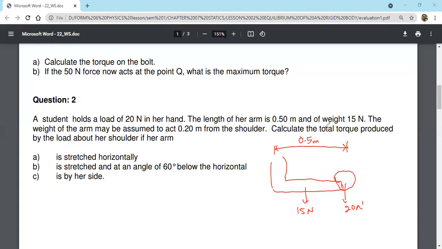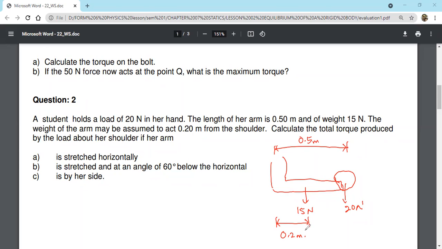They said the weight of the arm is assumed to act at 0.2 meter, so from here to here the distance is 0.2 meter.